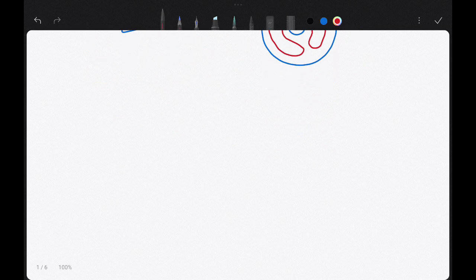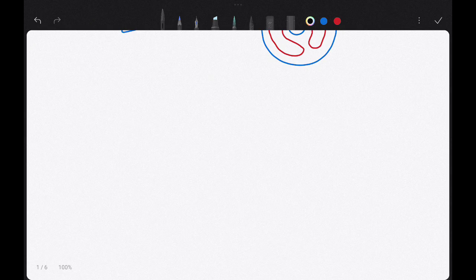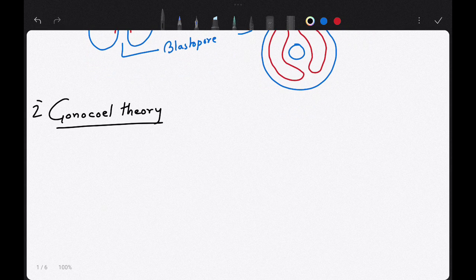Now next is the gonocoel theory, number 2.